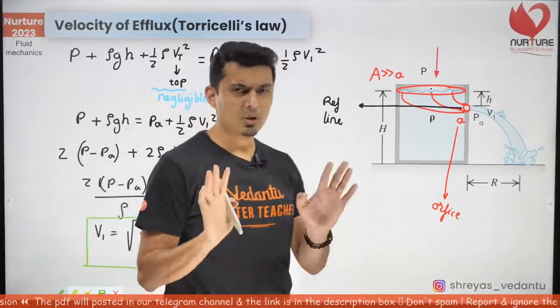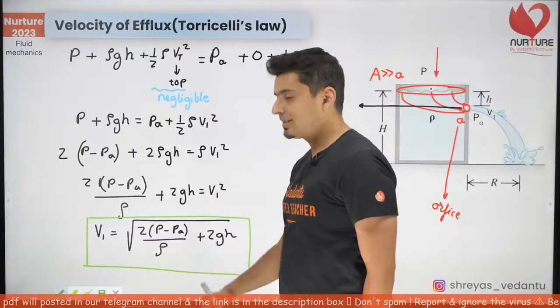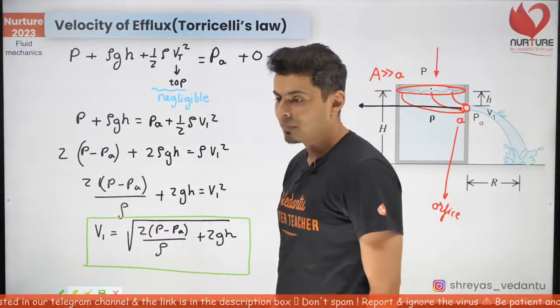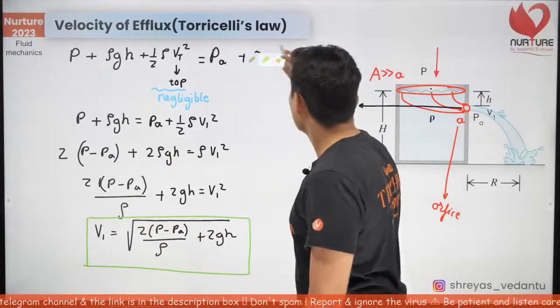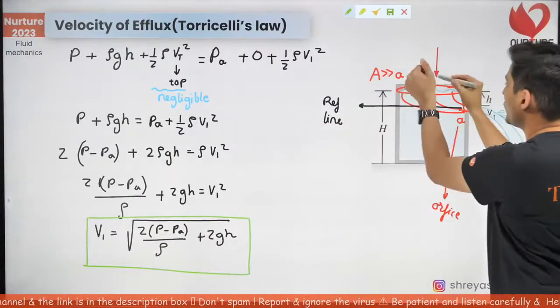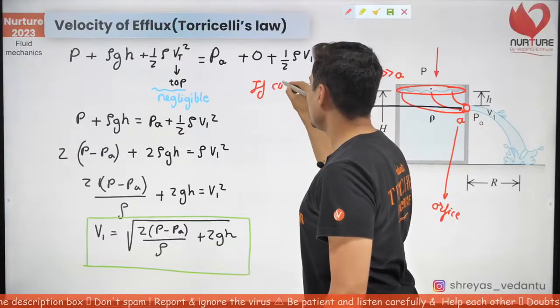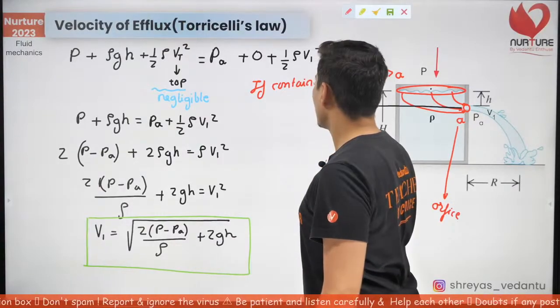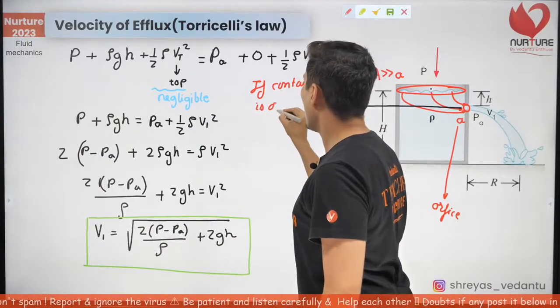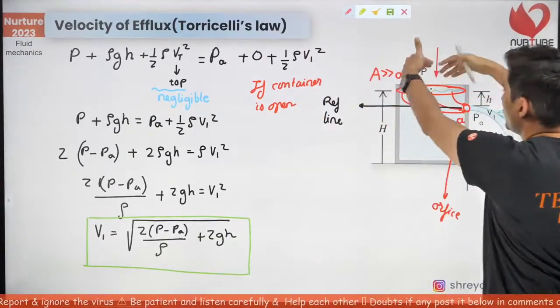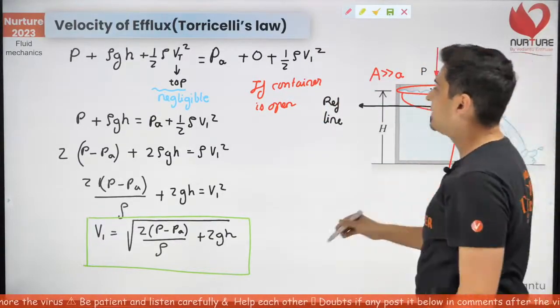But most of the times you don't have to remember even this equation, because most of the times the container is open. If the container is open, that means this is open to the atmosphere. So what will happen?